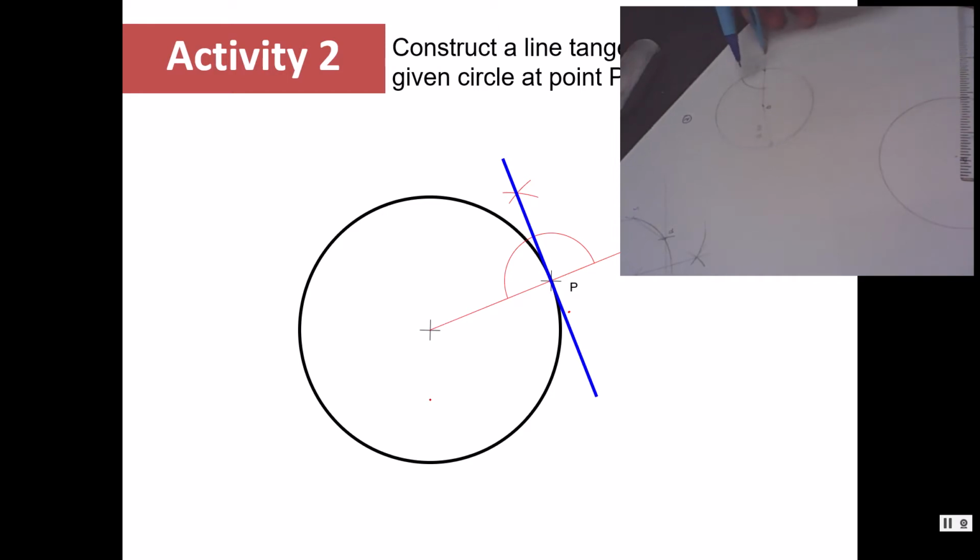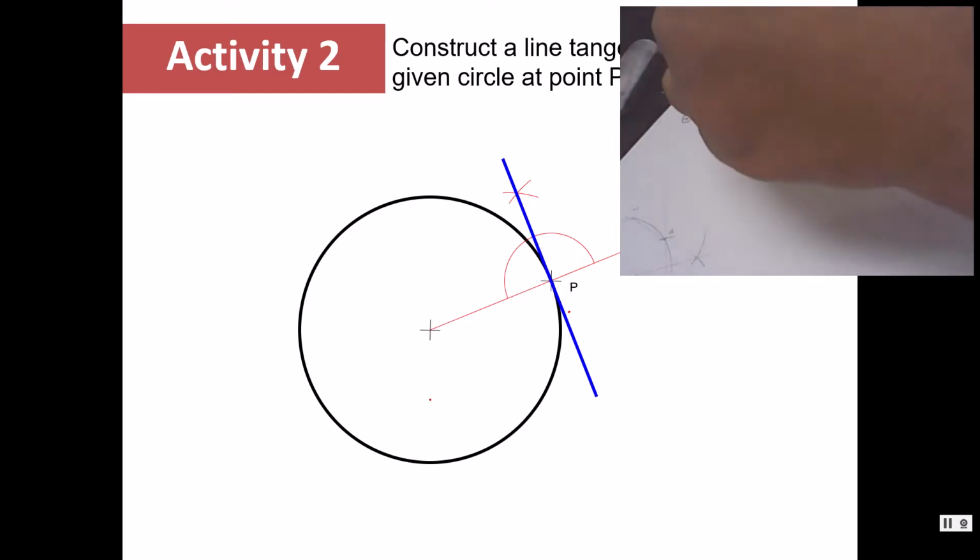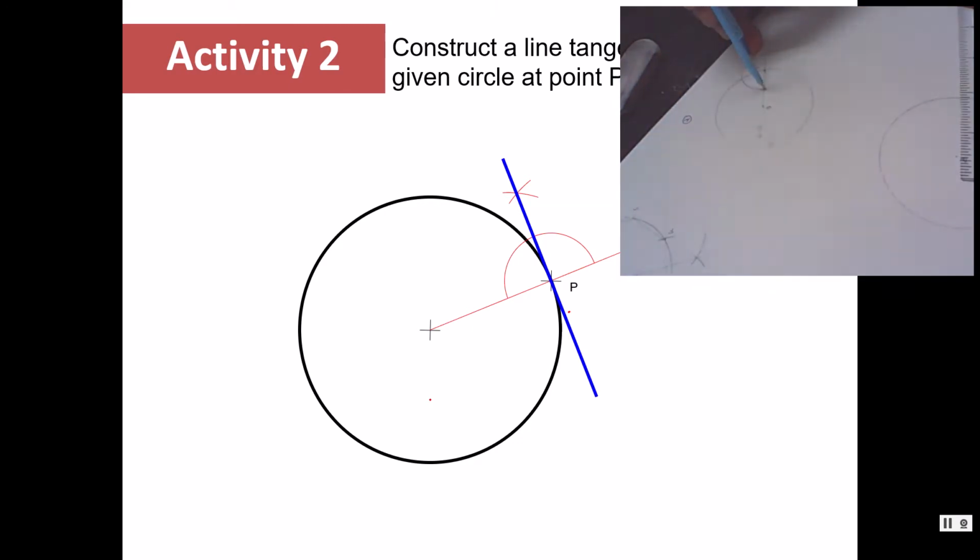Okay, from here, and then from the bottom, from this point, we just draw one arc at the bottom and on the top, so that we are going to get a point at the top and at the bottom.